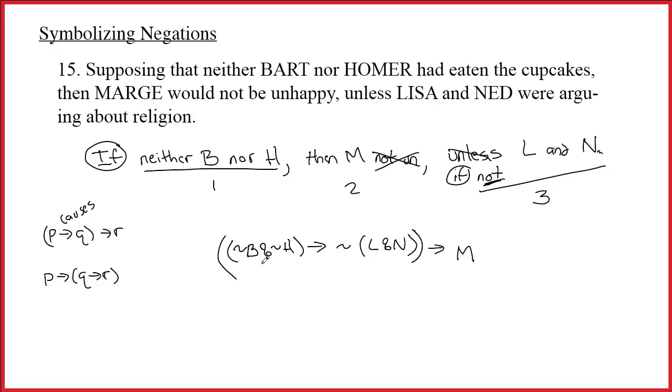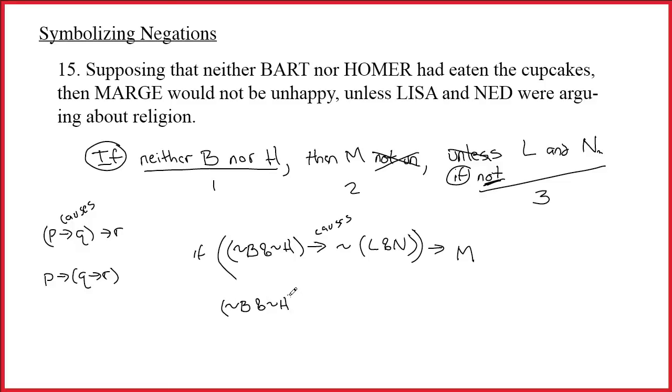This would say, if, we put an if out in front, and then we're going to read this arrow as causes: if neither Bart nor Homer having eaten the cupcakes causes Lisa and Ned not to have been arguing about religion, then Marge would be happy. It seems implausible to put a causal relationship between the actions of Bart and Homer and those of Lisa and Ned. So let's try it, and let's rewrite it here, and let's try it with the parentheses on the back side.